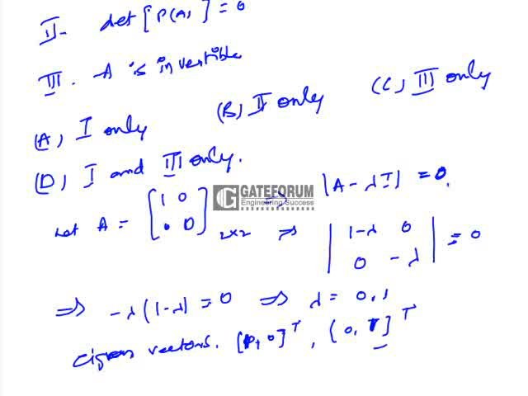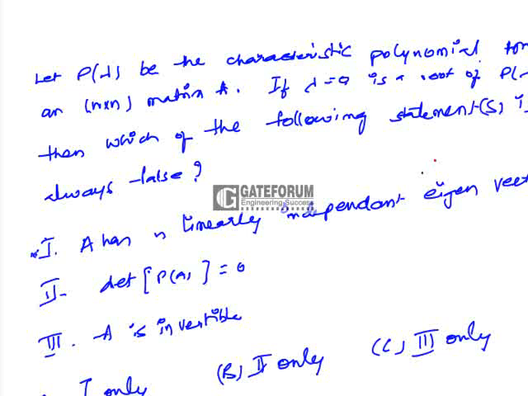Statement 1 states that A has n linearly independent eigenvectors, where n is the order of the given matrix. Here n is 2. We have already taken a 2 by 2 matrix and we got 2 linearly independent eigenvectors. So we can say that this is true.